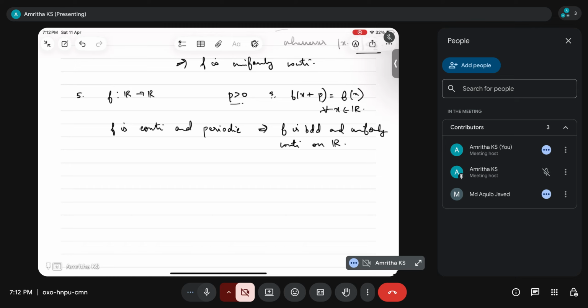Yeah, that is the idea. f is bounded on [0,p] implies f is bounded on R.